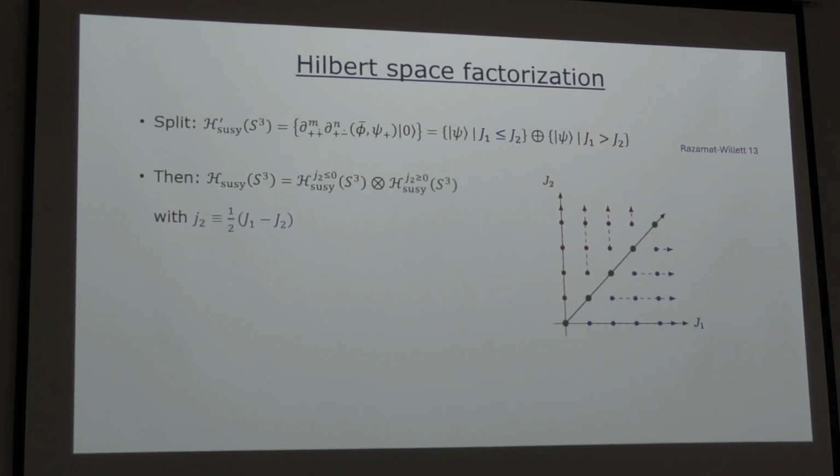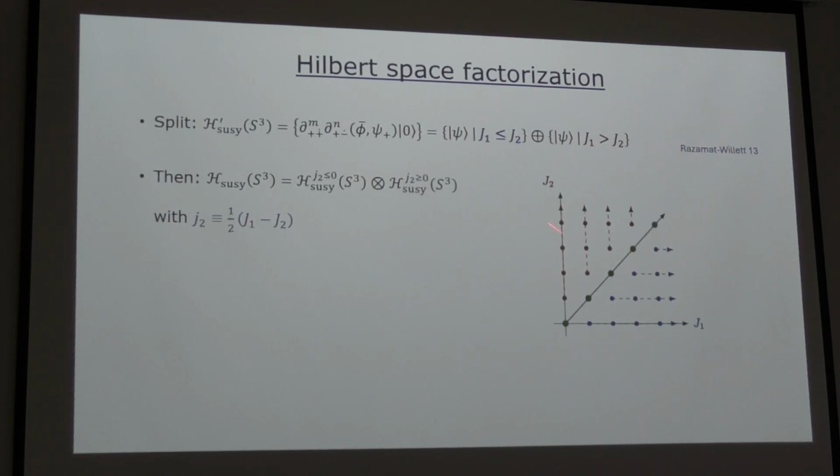Now I want to calculate this index a little bit differently. I want to consider the single letter Hilbert space, but now I want to separate it into two sectors, depending on whether I have more D plus dot derivatives or more D minus dot derivatives. These states will either have their J1 quantum number smaller or larger than the other.